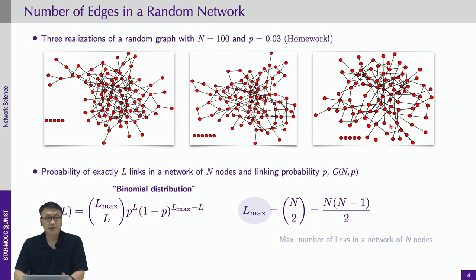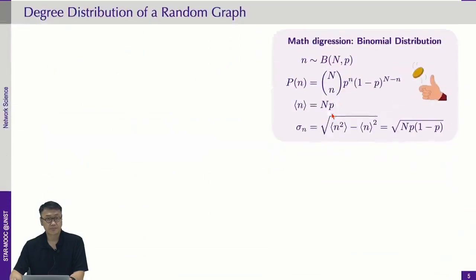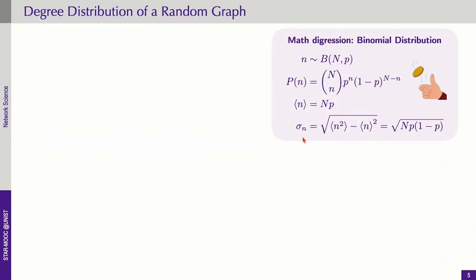In a G(n,p) graph, because the linkings between vertices are all independent events, the overall probability of having L links can be written like this. So the prefactor here is the number of possible ways of choosing L links out of all the L_max potential links. This is a reminder of what you have learned in elementary probability theory, to proceed to the degree distribution of the random graph G(n,p).